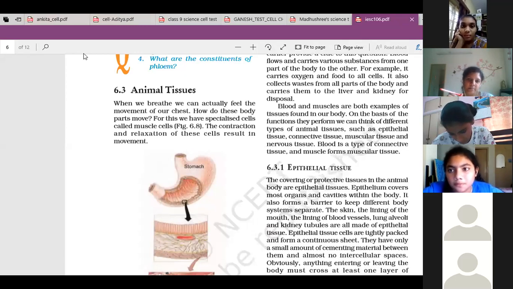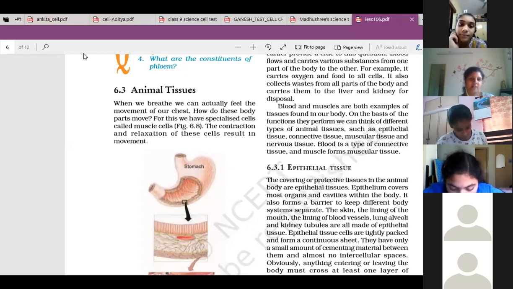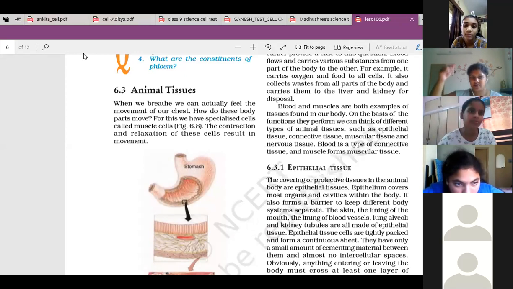Ma'am, for simple plant tissue, there is no diagram. It's given in the textbook: parenchyma, loosely connected cells; collenchyma, thickened walls at the corners; and sclerenchyma, thread-like structures. It is given, no?